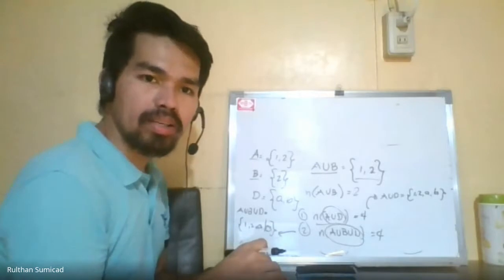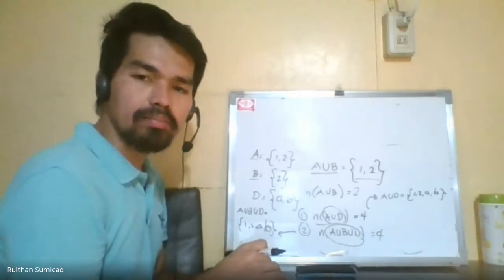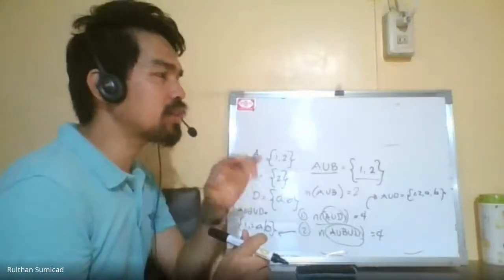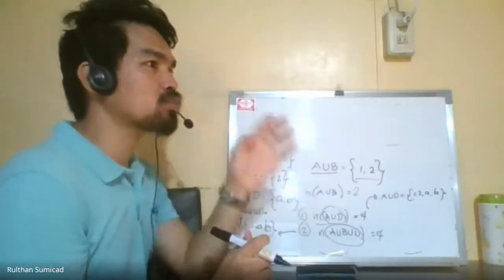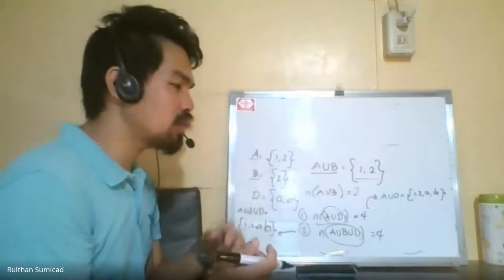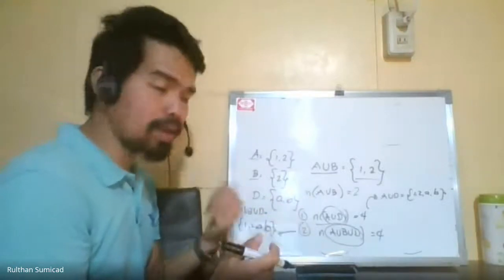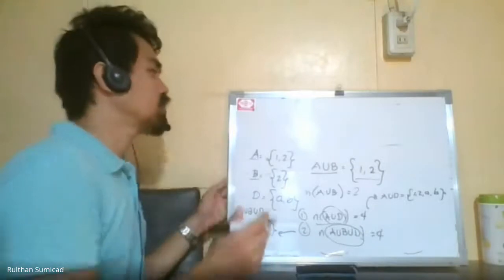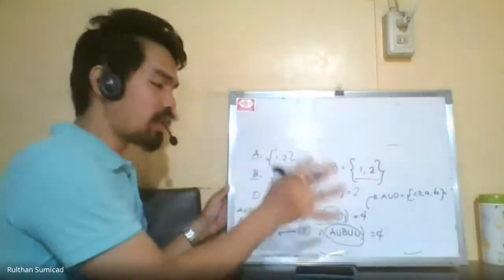Benito raised her hand. Go ahead. Sir, they have the same cardinality of the set. That's quite redundant, because when you say cardinality, that refers to the number. So either you say they have the same number of elements, or they have the same cardinality.